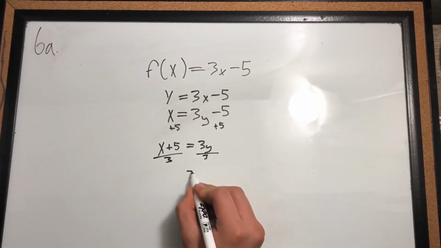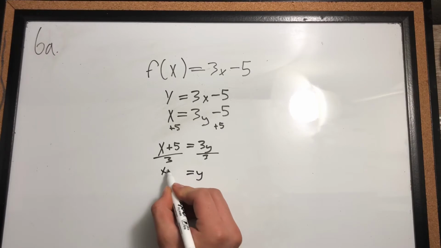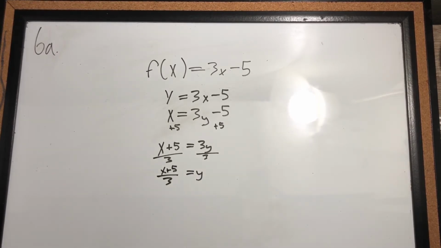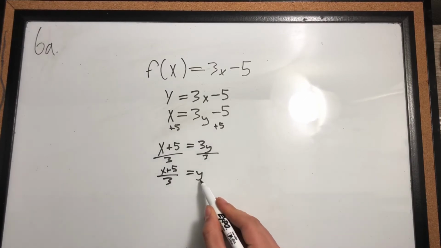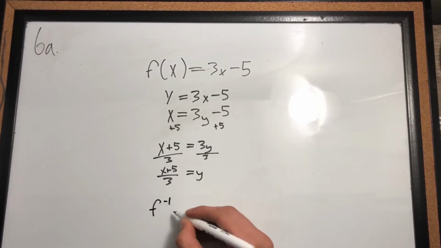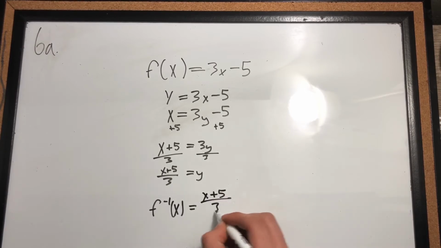So you get y equals x plus 5 over 3. So your last step is to change y equals into f inverse of x equals x plus 5 over 3.